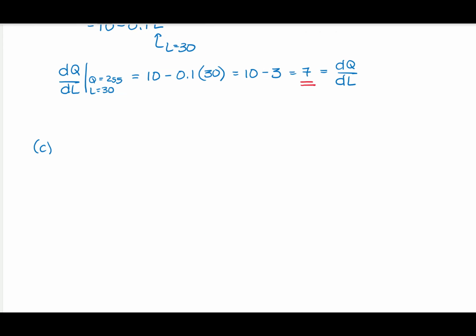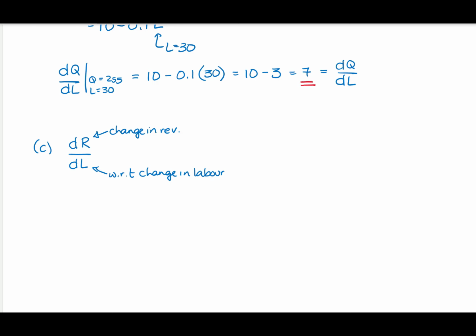So we have rate of change in revenue, that marginal change in revenue, with respect to labor. So with respect to a change in labor, or for a 1 unit increase in labor, what the expected or approximate change in revenue would be.